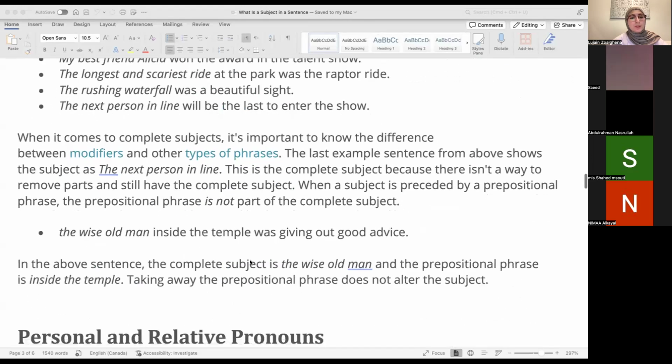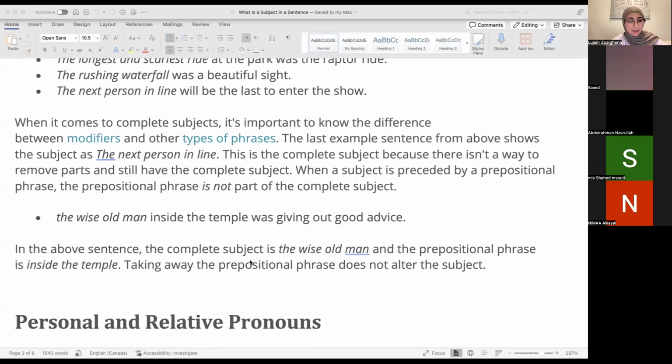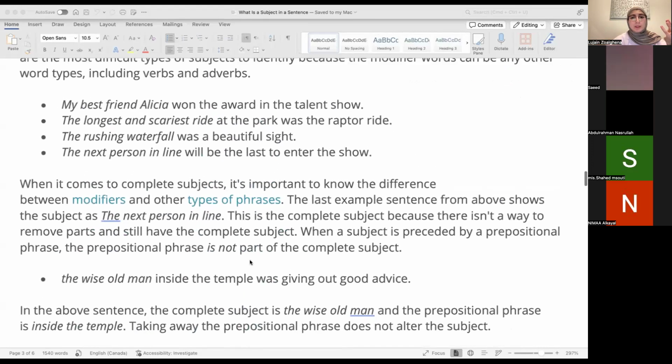So when it comes to complete subjects, it's important to know the difference between modifiers and other types of phrases. What is the meaning of a modifier? Who can remind me?